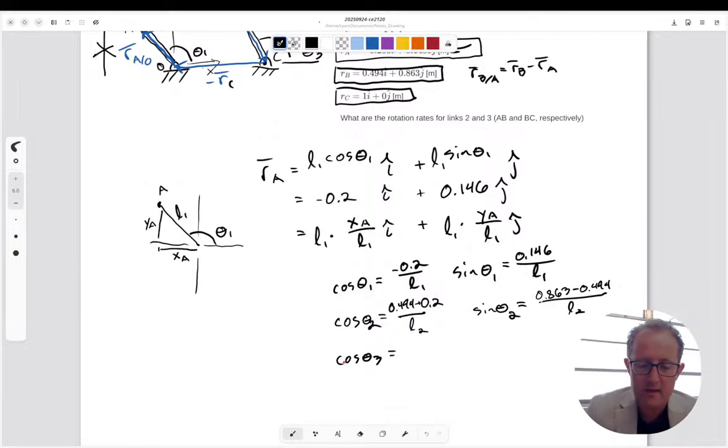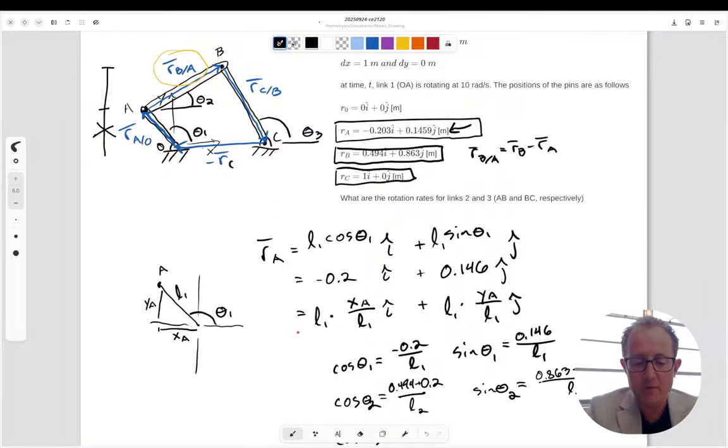Cosine theta 3, this is a similar problem, but we happen to have along the y direction, C to B, there's no difference in height. So the sine component is just going to be the actual R_C, since we just have that 0j.